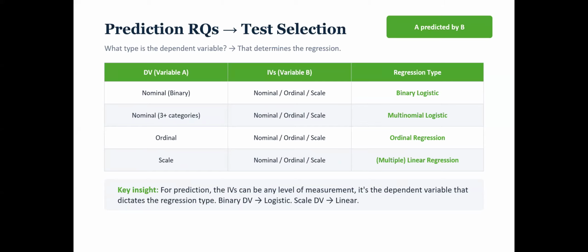It will dummy code automatically, and it will use one of your categories as the reference category. So it will automatically dummy code it for you. I think you're good to move on right now.